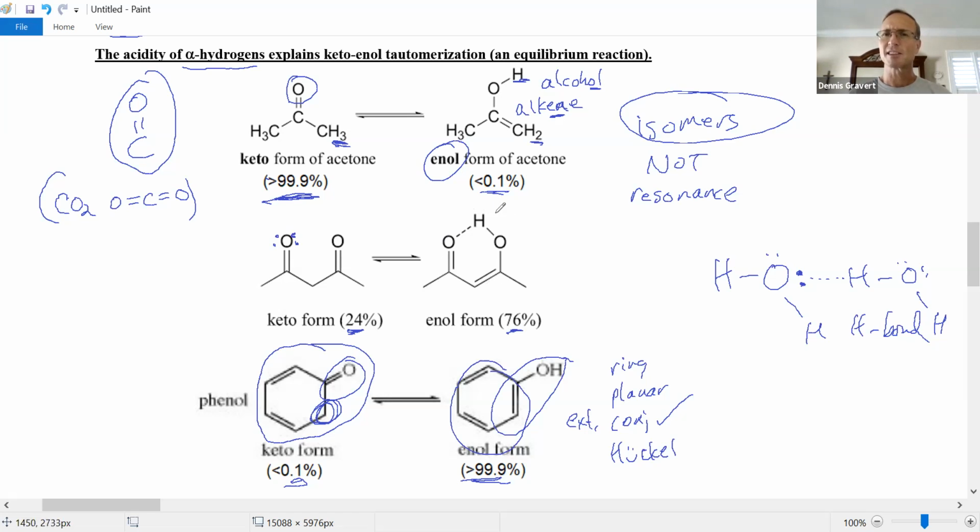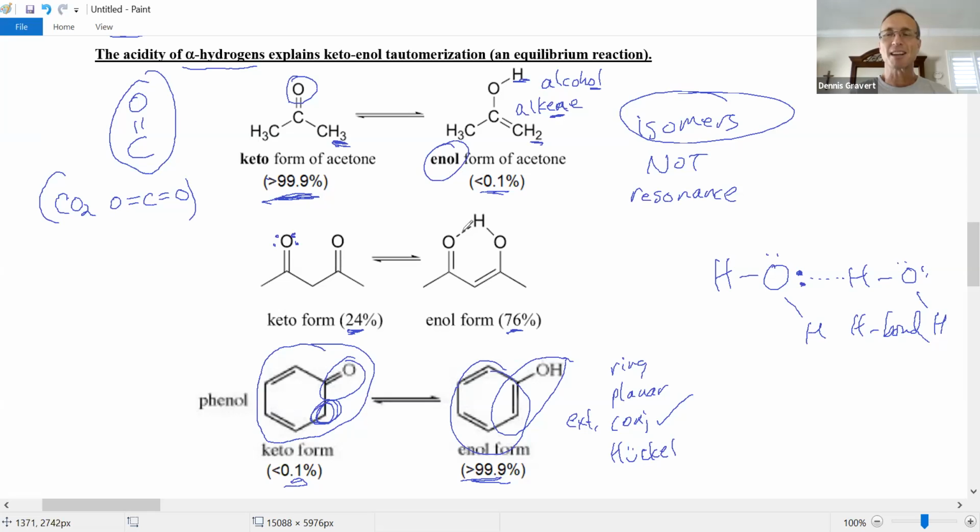But let me ask you this, is this aromatic? Well, the big question for me is, does it have a ring? Is that really a bond? Probably not. So the literal answer is no, this is not aromatic. But it's pretty darn close. So that might be another driving force, right?